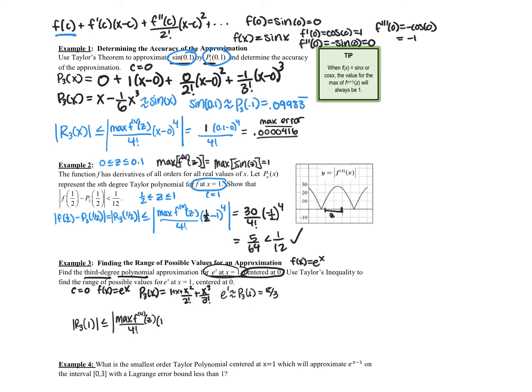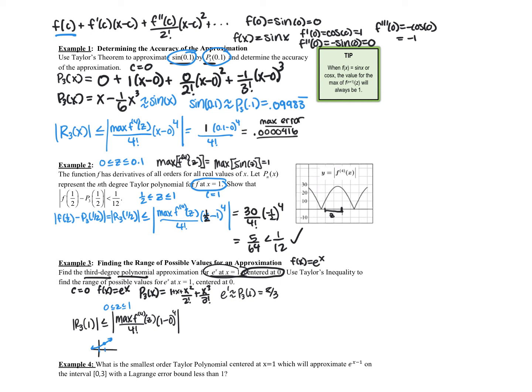We're approximating at 1. Our center is 0. Our z is between 0 and 1.